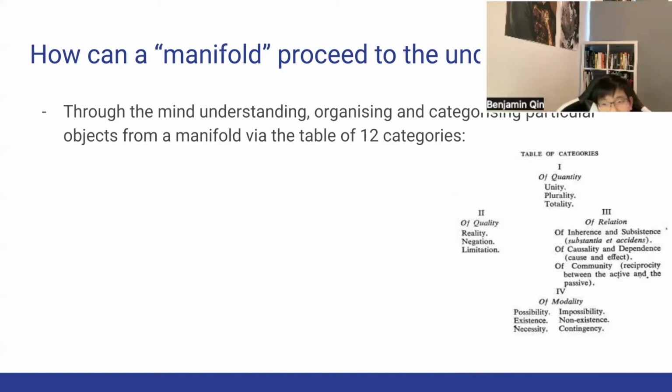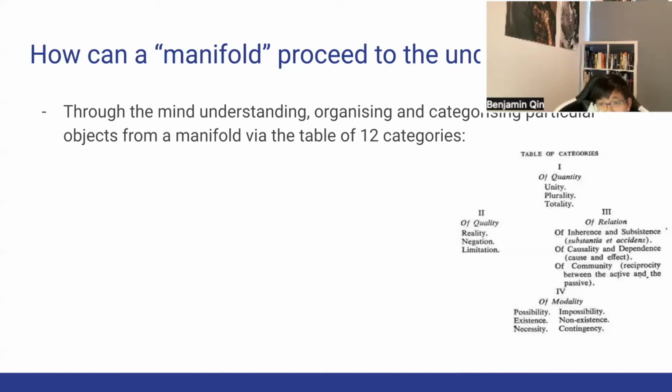There was some really complicated logic going on in a section called the Transcendental Deduction of Categories, which I won't go into too much detail right now, but all you need to know is that there are these 12 categories by which we understand the world and categorize objects.